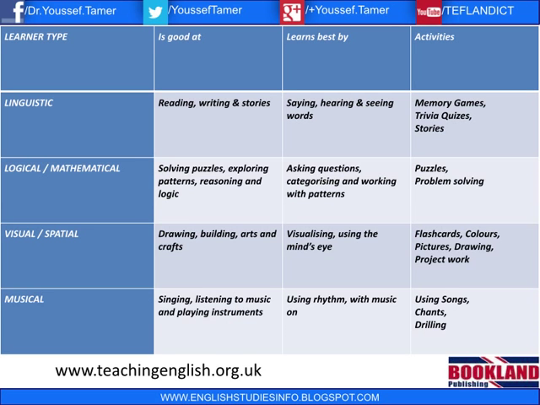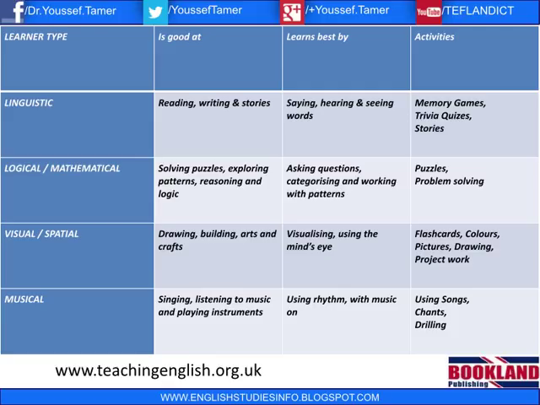This is a summary of the characteristics that we have seen in the workshop, and the activities that we have done. You already tried those worksheets, those activities. We tried to elicit these characteristics related to these kinds of intelligences.